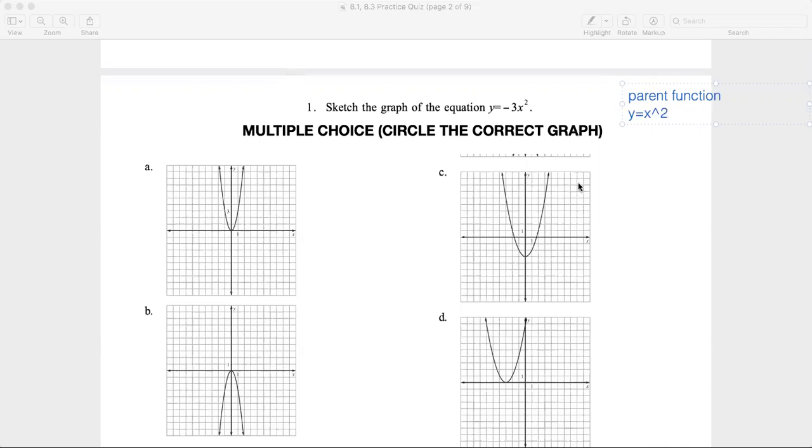So what we are concerned about is how this compares to the parent function. So first of all, since it's negative, it's going to flip down, okay? So we know it's going to be facing down.